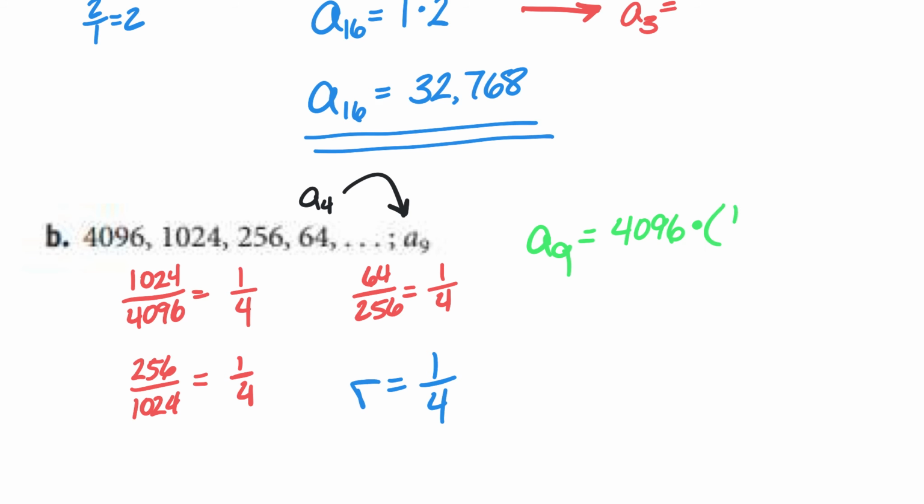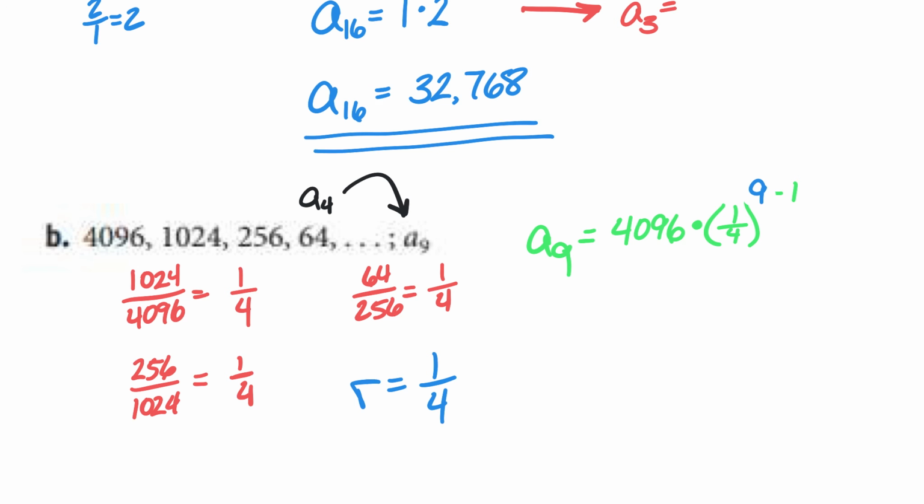Make sure you use parentheses here. Our common ratio is 1/4. It's getting cut by 1/4 each step of the way, and we have to regulate this with an n minus 1. But n is no longer unknown because they told us we are interested in the 9th term in the sequence, so I'm going to replace my n with the number 9.